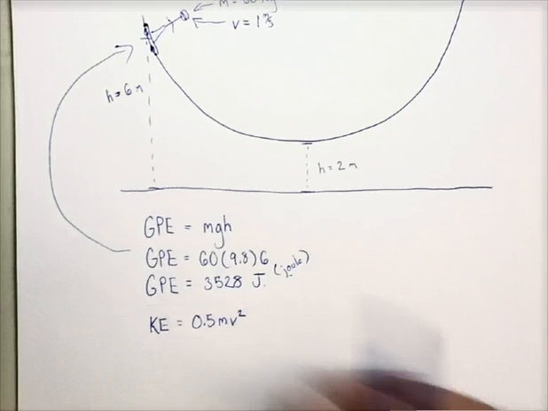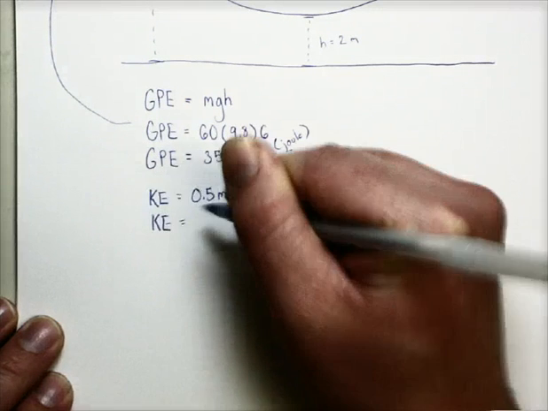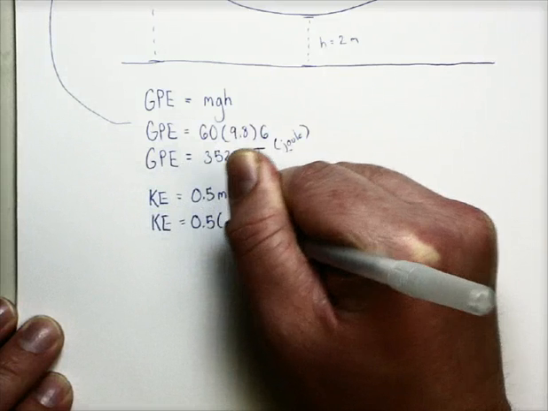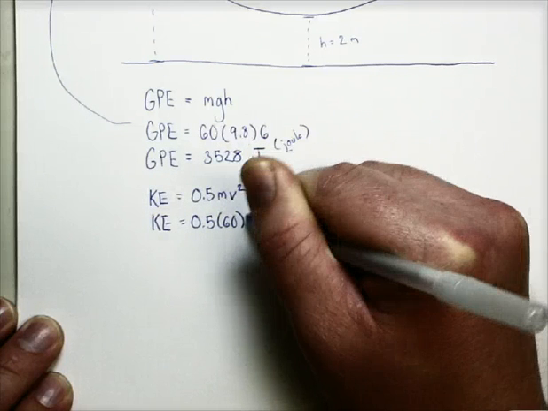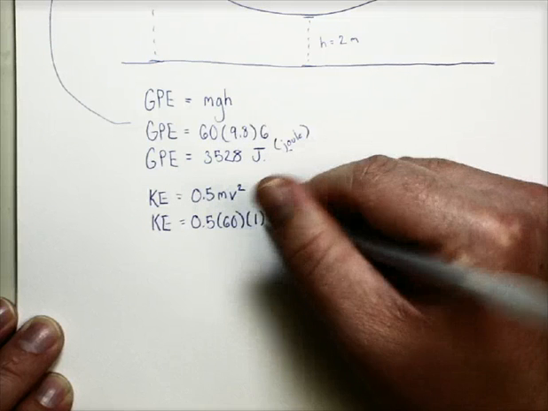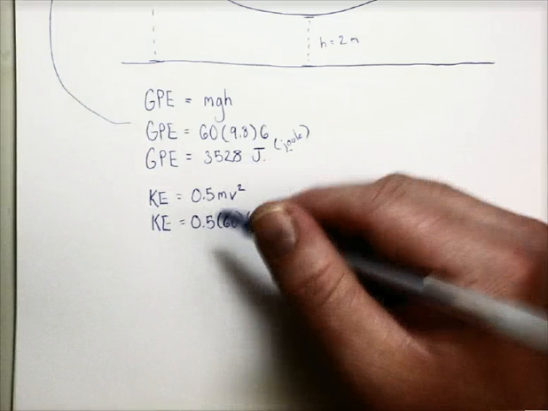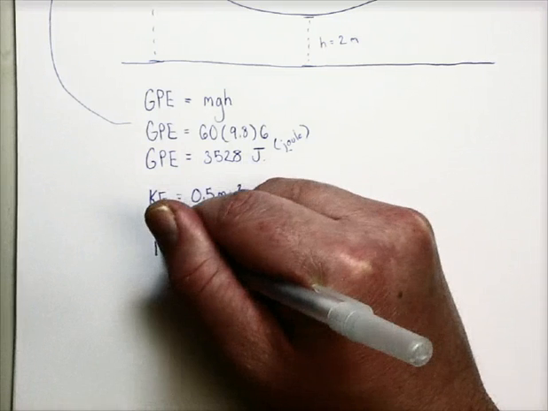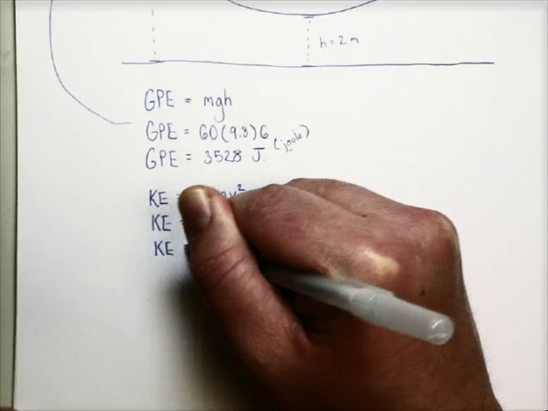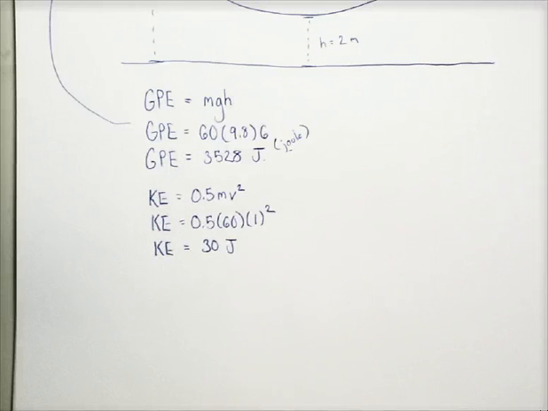So in this case, the kinetic energy is equal to 0.5 times 60 times the speed squared, which really means that we're going to multiply by the speed twice. So 1 squared is easy enough in this case. 1 squared is 1, so this is really just 0.5 times 60. So the amount of kinetic energy in this case will just be 30 joules. Notice that the unit of kinetic energy is the joule as well.